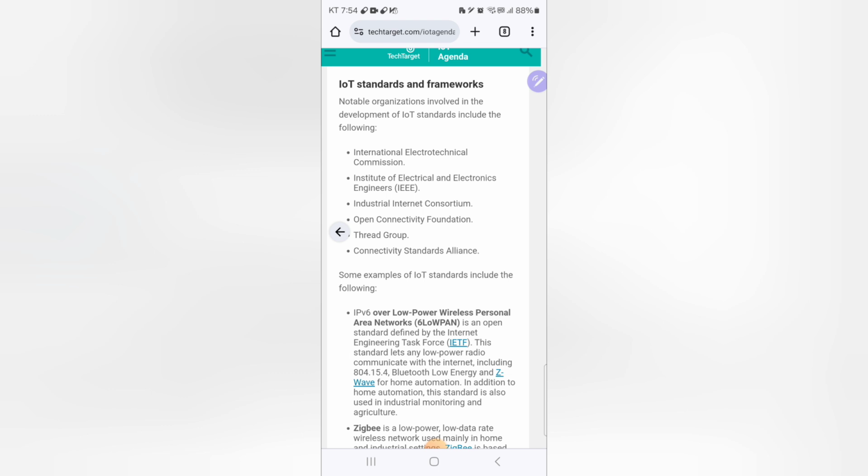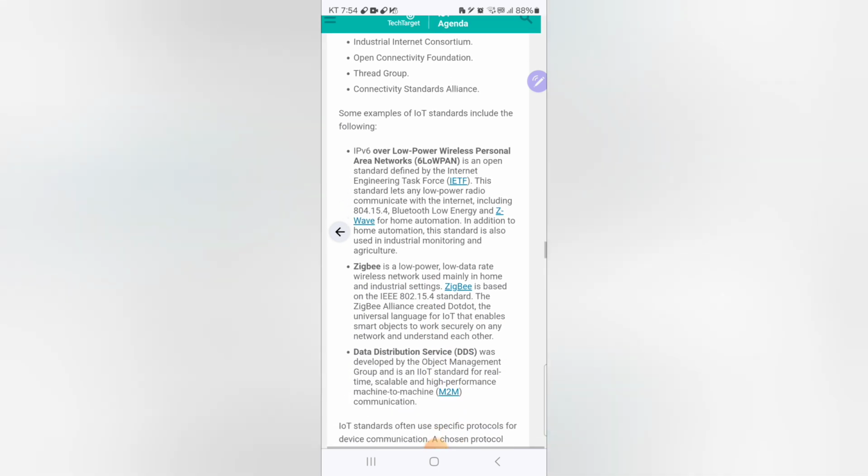Some examples of IoT standards include the following: IPv6 over Low-Power Wireless Personal Area Networks, 6LoWPAN, is an open standard defined by the Internet Engineering Task Force, IETF.